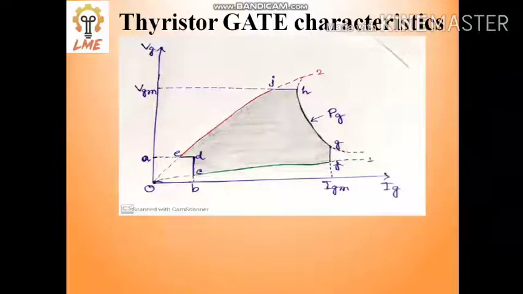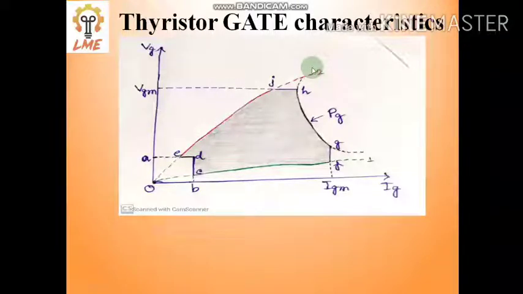As you know, for turning on a thyristor we require a gate signal. Here we vary this gate signal on the basis of some conditions. What are those conditions? In the first case, look at the red line, graph number 2.